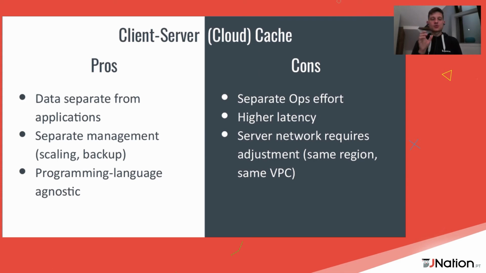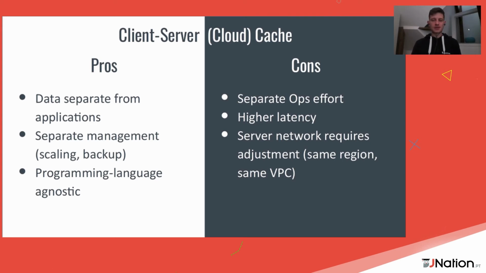We also have control over the management of caching, so we can scale it up, back it up. Everything is separated from your application, which is actually a good thing. Also, it's programming language agnostic, so your cache can be written in one language, your application in another. We have a well-defined protocol.